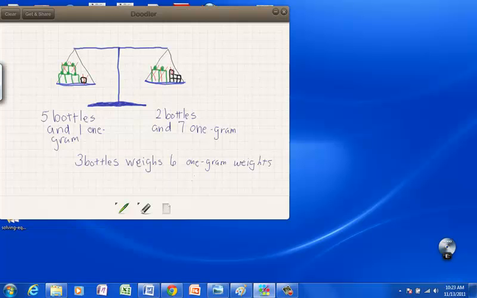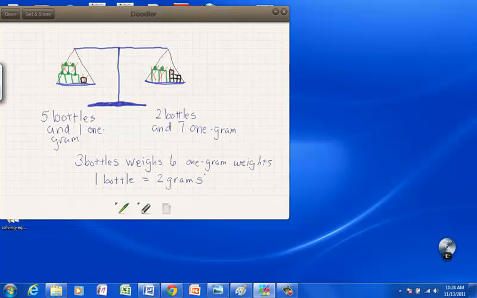Well, if 3 bottles weighs 6 grams, then 1 bottle is equal to 2 grams. So there's one way to reach a conclusion.